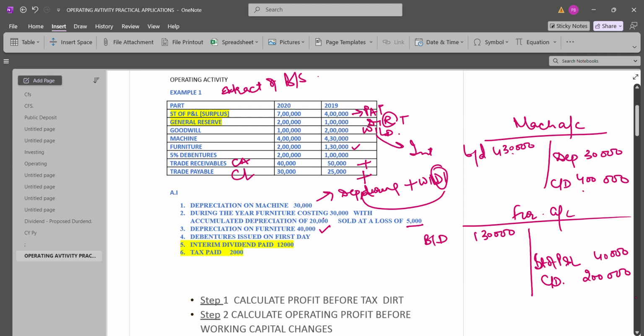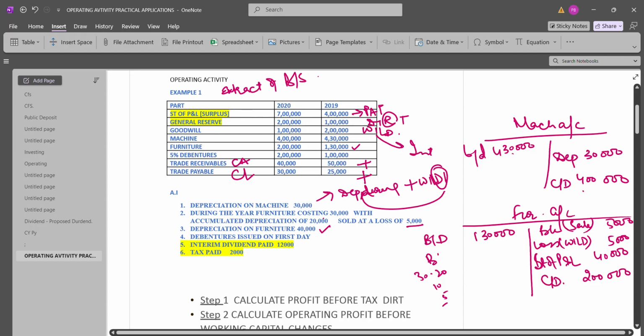Let's come to this profit and loss. 30 minus 20, 10,000, sold at a loss of 5,000. So the loss comes on the credit side, 5,000. This loss is the L of the add-backs. This will be added as the L. And in bank, we are making a sale at 5,000 rupees.